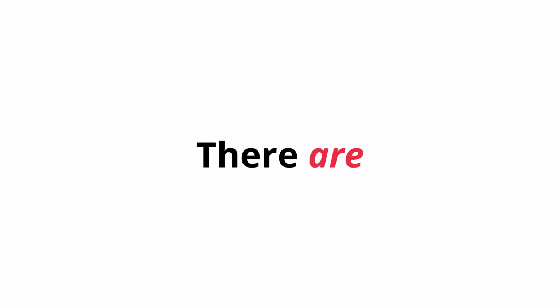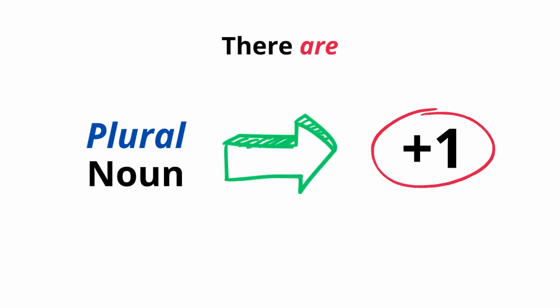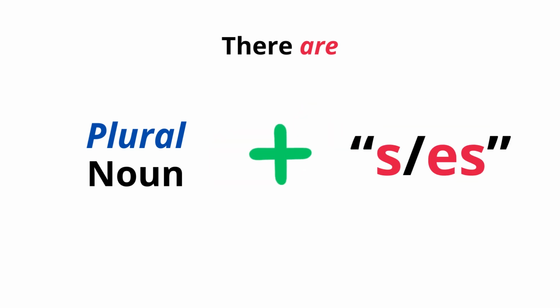Next, about there are. In its use, there are is always followed by a plural noun. Plural nouns are nouns that number more than one. Nouns that are plural will generally be followed by a suffix s or es, so they are often referred to as noun plus s or es.